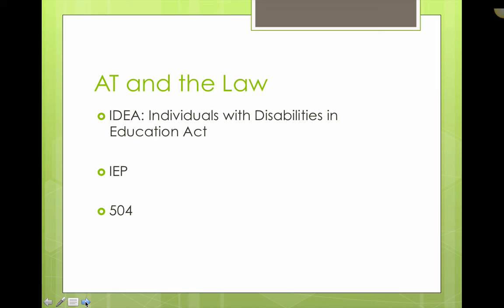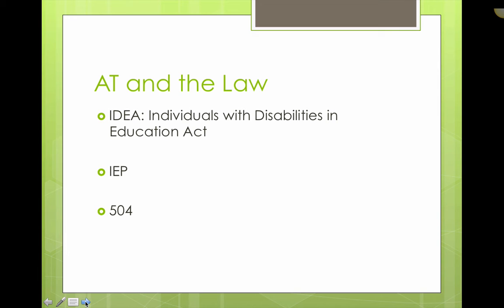An IEP tends to be for more of the learning disabilities, the things that are less obvious or easily corrected. But there is some overlap because sometimes you need both or one or the other, or through a student's career it changes because one met the need and now another will meet that need. Both are legally binding.